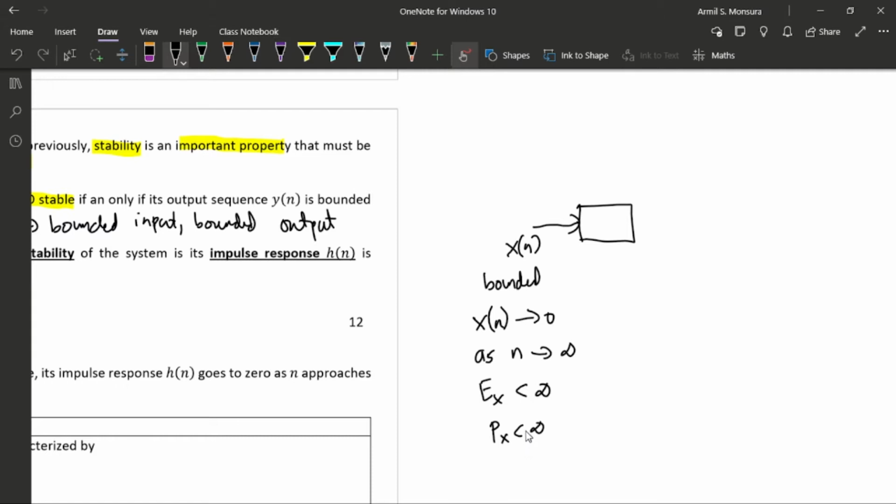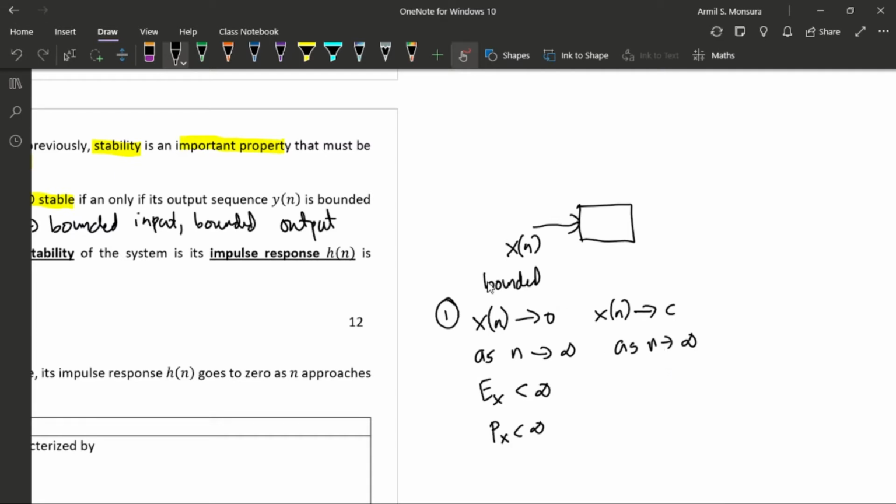So it is bounded. Another possibility is that your x[n] approaches a certain constant number as your n approaches infinity.